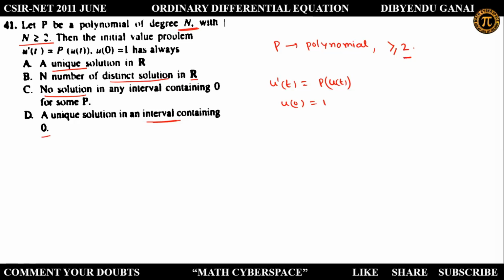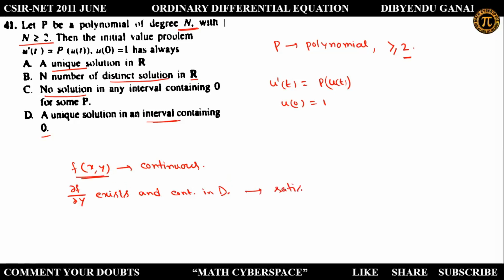Before that, let me tell you what the Lipschitz condition is. Suppose f(x, y) is a continuous function, and if ∂f/∂y exists and is continuous in some domain D, then f satisfies the Lipschitz condition in D with respect to y.